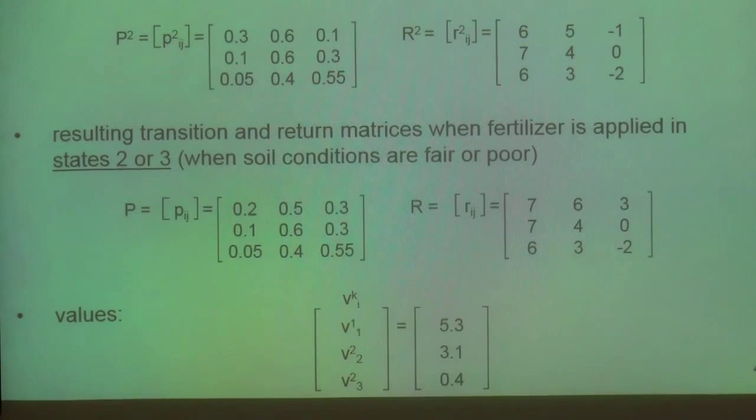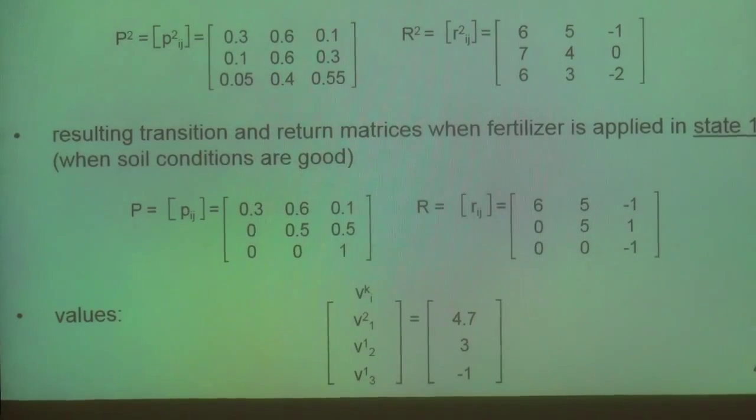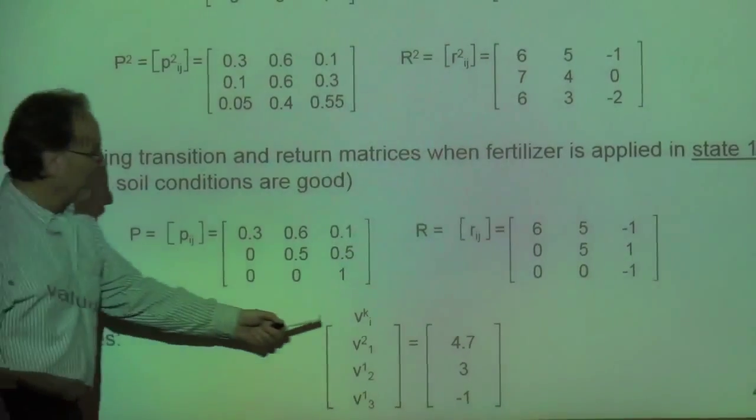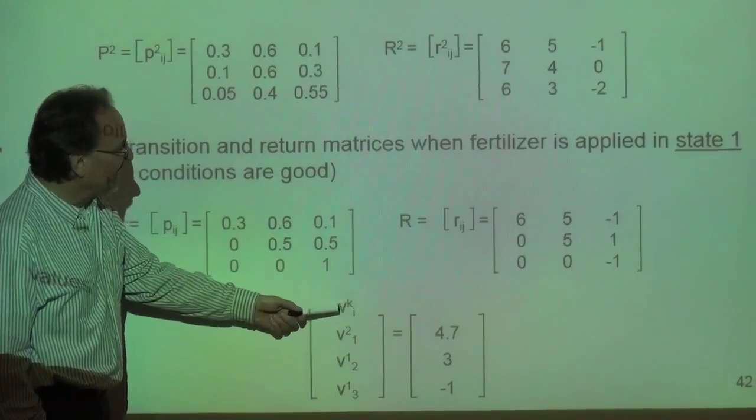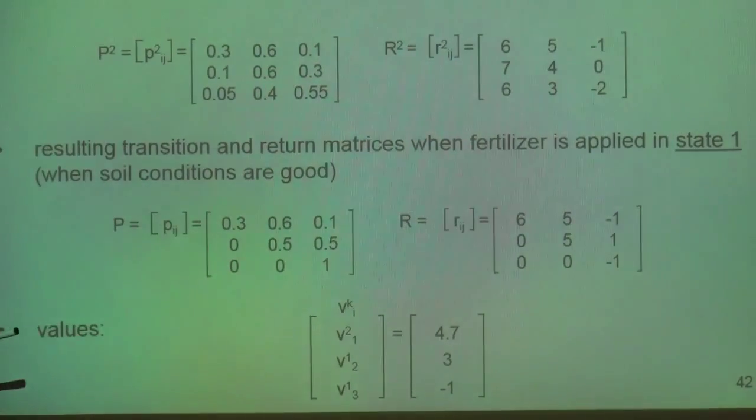Again, notice the notation here. It's V sub k, or V to the k, where k refers to the transition and return matrices, which here are to fertilize. We just arbitrarily called it 2, it doesn't matter, it's just identification for policy 1.